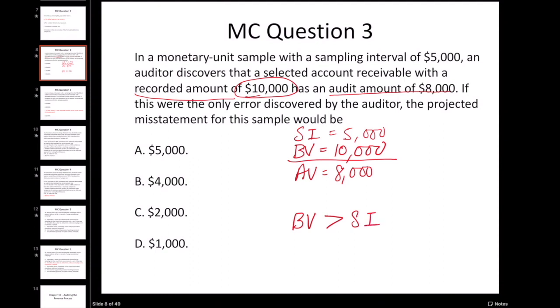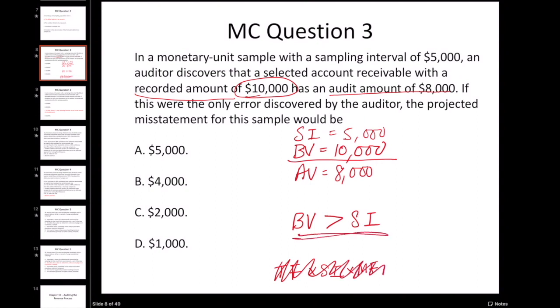And we know that when that happens, we are not supposed to do all this magic where we calculate the changing factor, project it over the sampling interval, and multiply it by the misstatement factor, right? Don't have to worry about any of this.